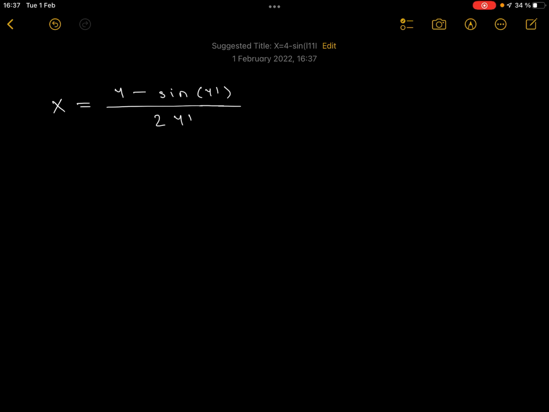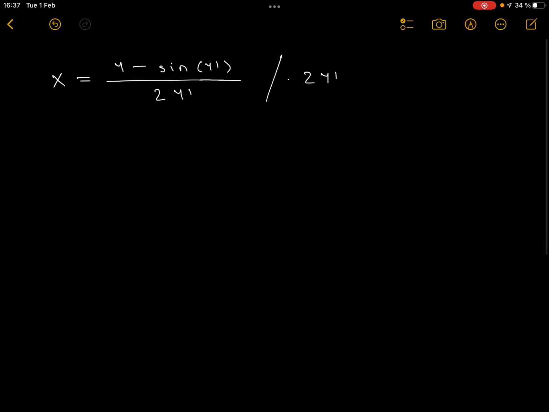So hello everybody, today we're going to be doing a nice differential equation. x is equal to (y minus the sine of y prime) over 2y prime. The first thing that we're going to do is rewrite this in a slightly different fashion. We're going to multiply everything by 2y prime.